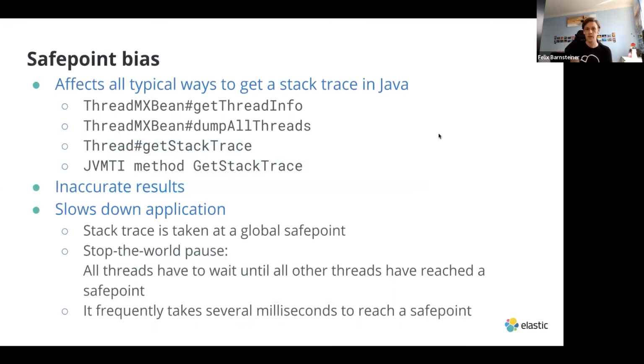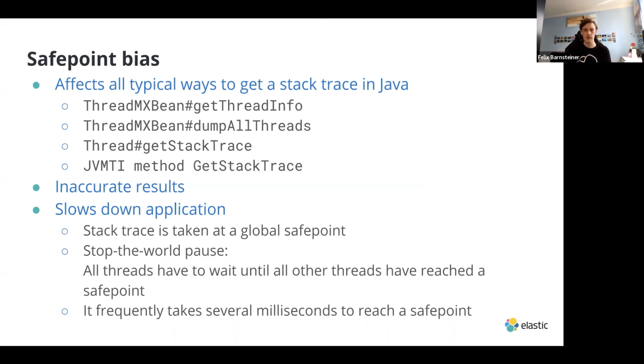Then we have another bias, which is called the safepoint bias. That affects basically all the typical ways to get a stack trace in Java. We have, for example, the ThreadMXBean getThreadInfo or the dumpAllThreads method, which tells you about the states all of your threads are in and gives you all the stack traces of those threads.